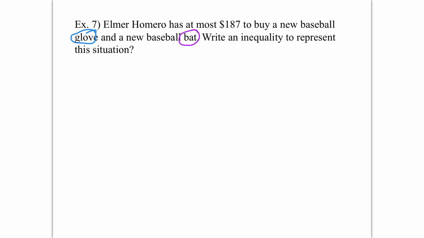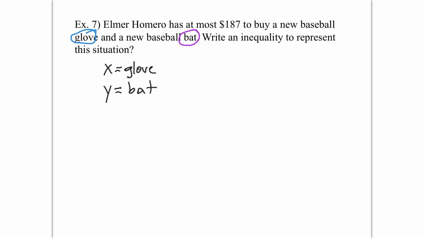We can actually make variables. I'm going to use X and Y because those are the most common ones in algebra. But you guys can use G for glove, B for bat, A, B, whatever variables. But they have to be two different ones because we have two different items. So I'm going to say X equals the glove, he's only buying one, and Y equals the bat.